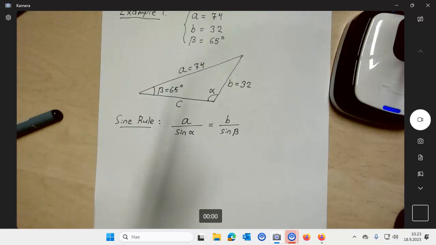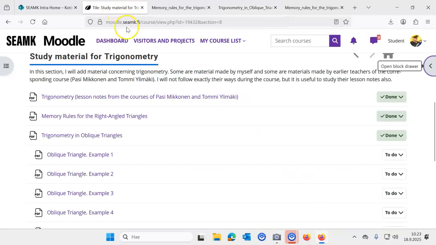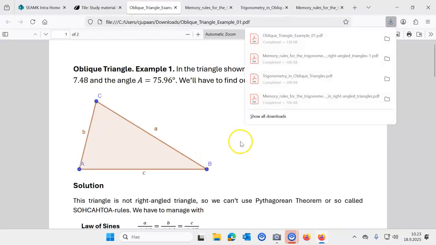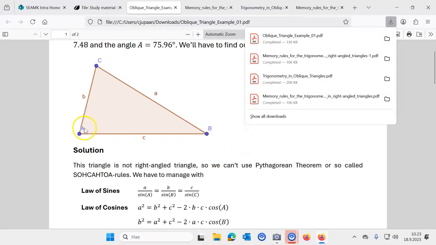In my examples in Moodle, here I have used these big, large letters. What is the word in English? Capital. Yes, for my language knowledge, I would have thought that, for example, Helsinki is the capital of Finland.